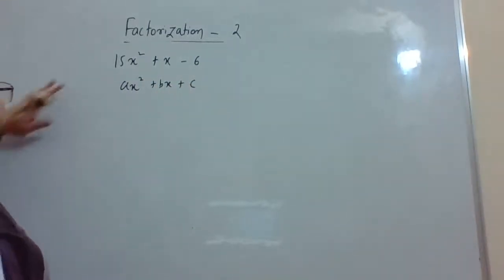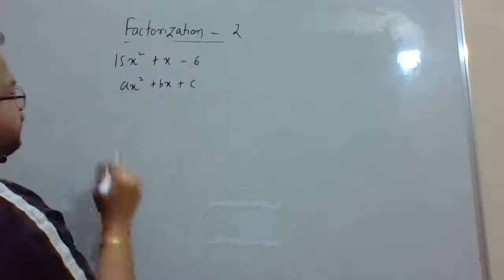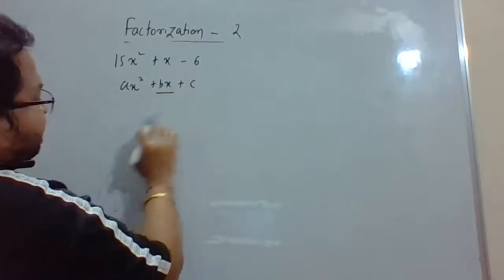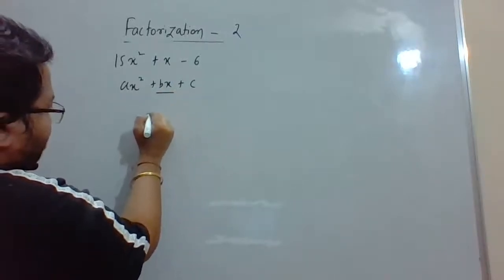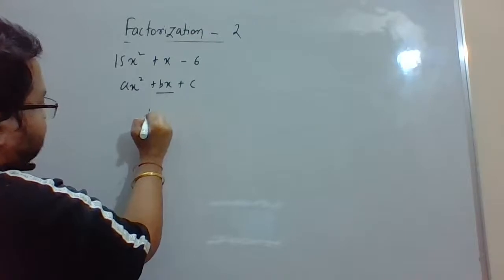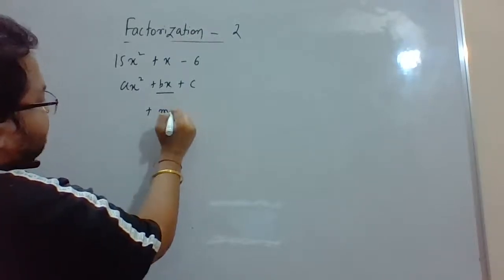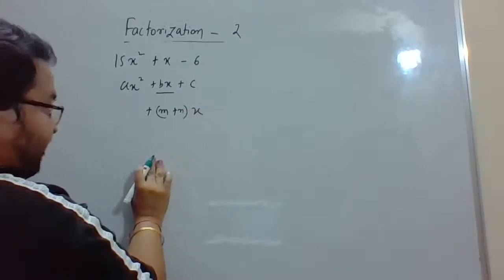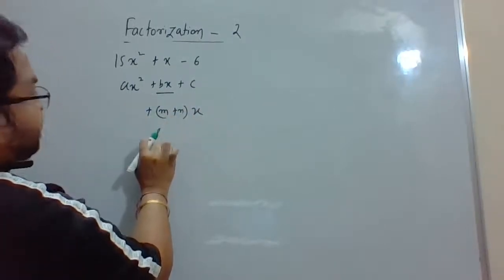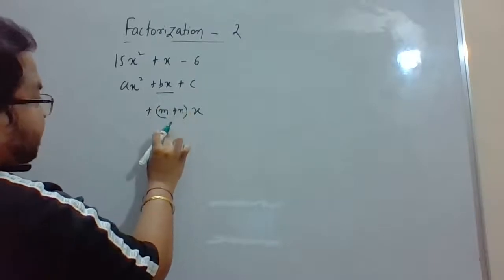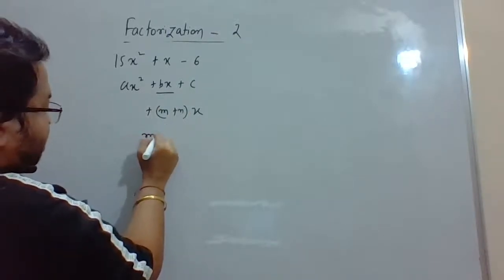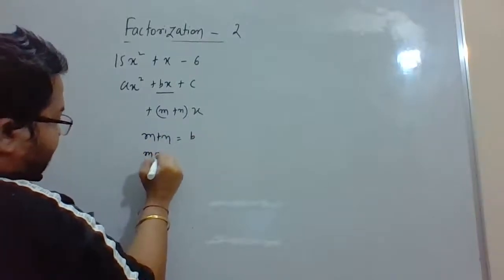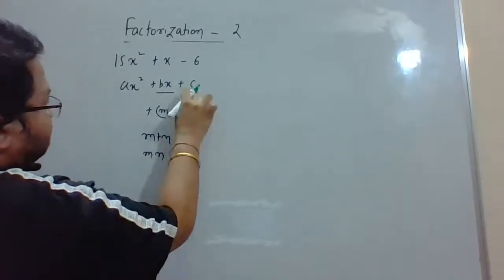In that scenario we split the middle term, the bx term, in such a way that bx is split into the coefficients of two things, say (m plus n) into x, such that m plus n equals b, and mn equals c into a.